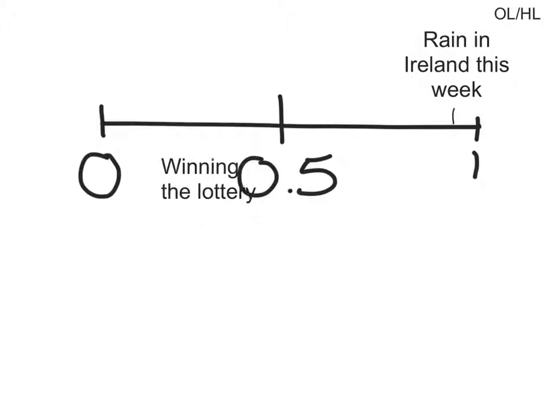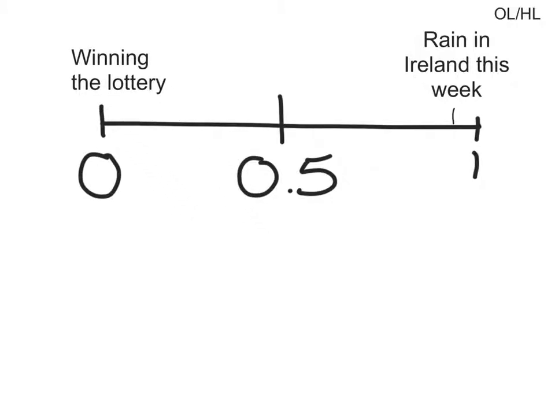So we assign this a probability that is close to 0. What is the probability of a tossed coin landing on heads? There is a 50-50 or 1 in 2 chance this will occur. So therefore we assign this a probability of 0.5.